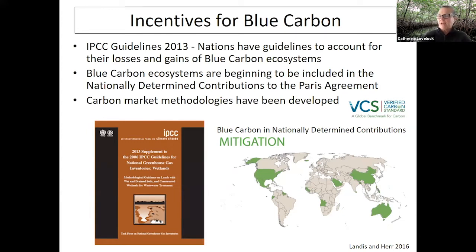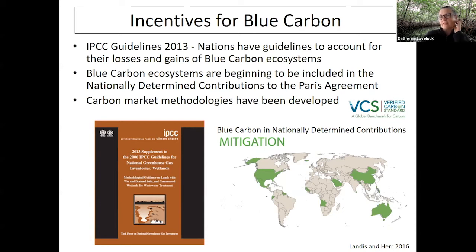They gave nations guidance on how to account for both removals, so great things you do in coastal wetland space that contribute to bringing CO2 levels down in the atmosphere, and also emissions. So if you do something like knock a mangrove down, you've got a way of counting it in your greenhouse gas accounts. So this guidance has been around for a while.